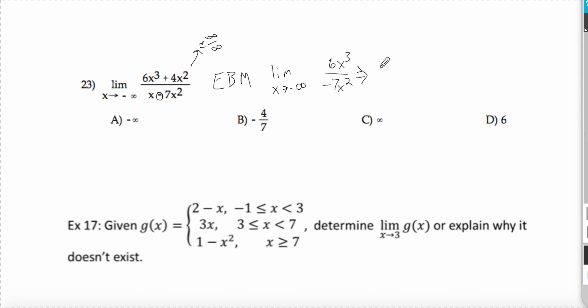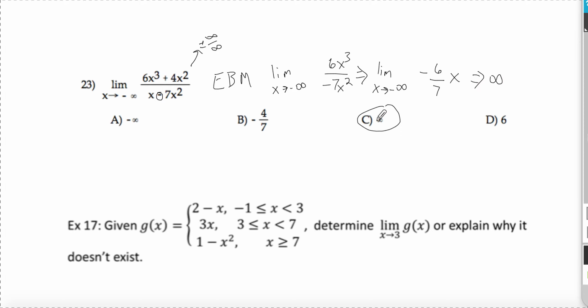So this leads us to the limit as x approaches negative infinity. When I kind of reduce my end-behavior model, I would get negative 6 over 7, or negative 6/7 x, right? As x goes to negative infinity, this will become positive, so this will go off to positive infinity.